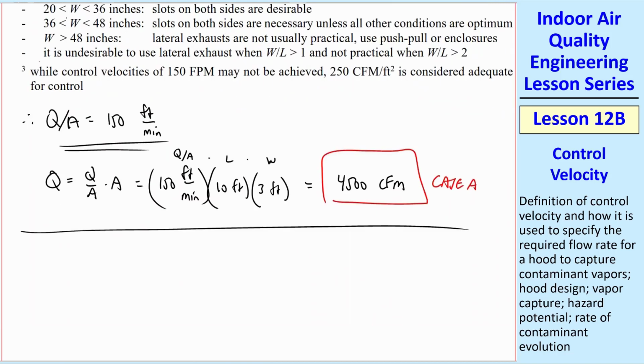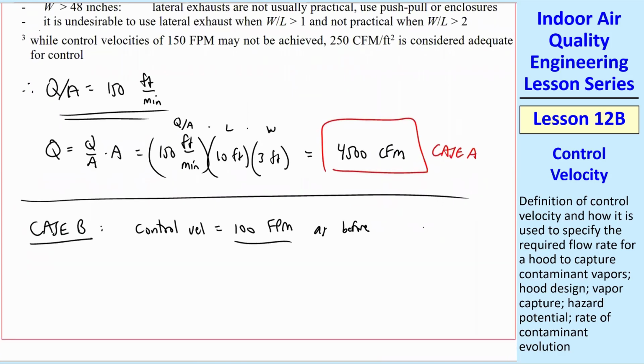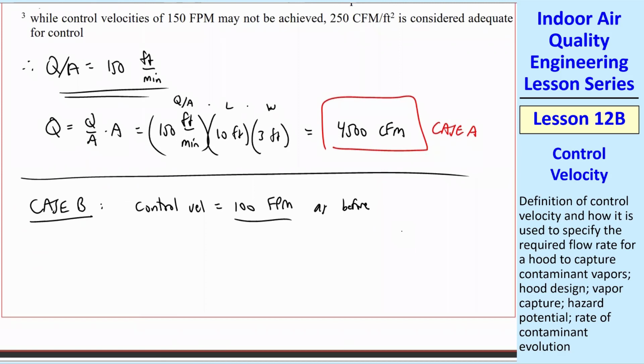Now we need to work on case B. We still have the same control velocity 100 FPM as before. We don't have to repeat all that because it's the same temperature, same boiling temperature, same PEL, all that stuff. It's still the same class and everything. When you get to step 4, table 6.4, we have to be careful. See footnote 1.